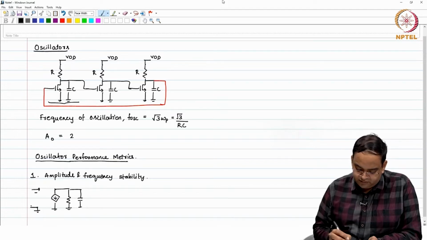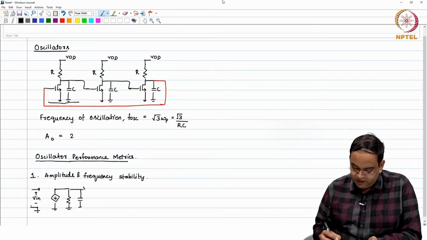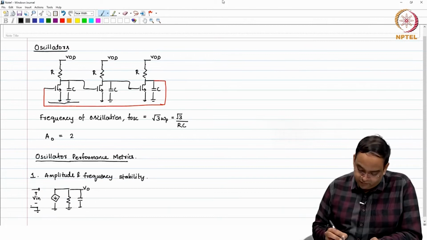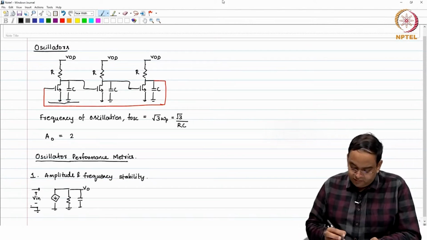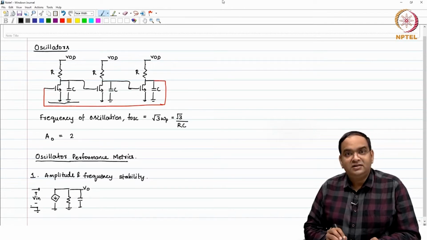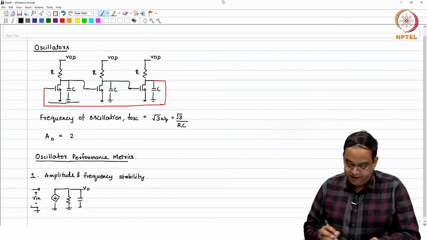So, if this is input V in, we have this as V out. This was the small signal model of the transistor, because the transistor is a nonlinear device.